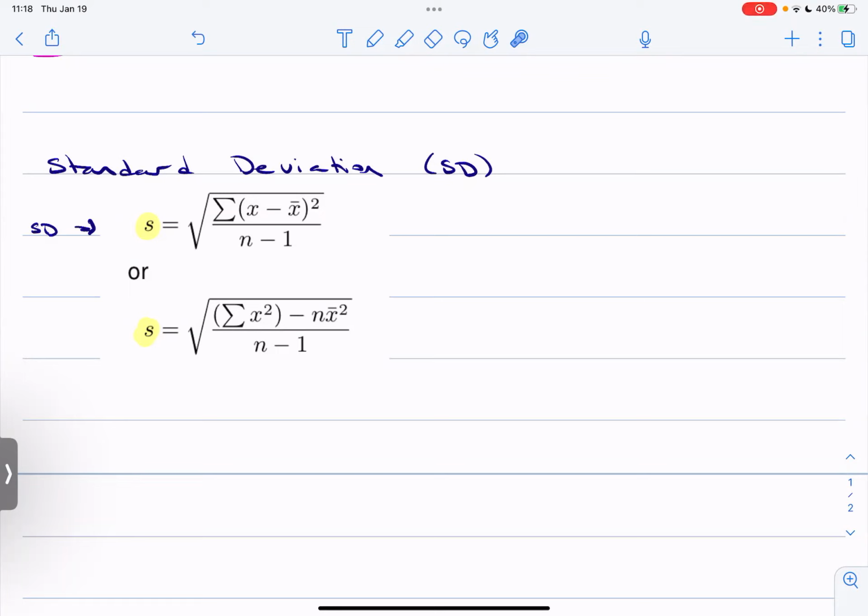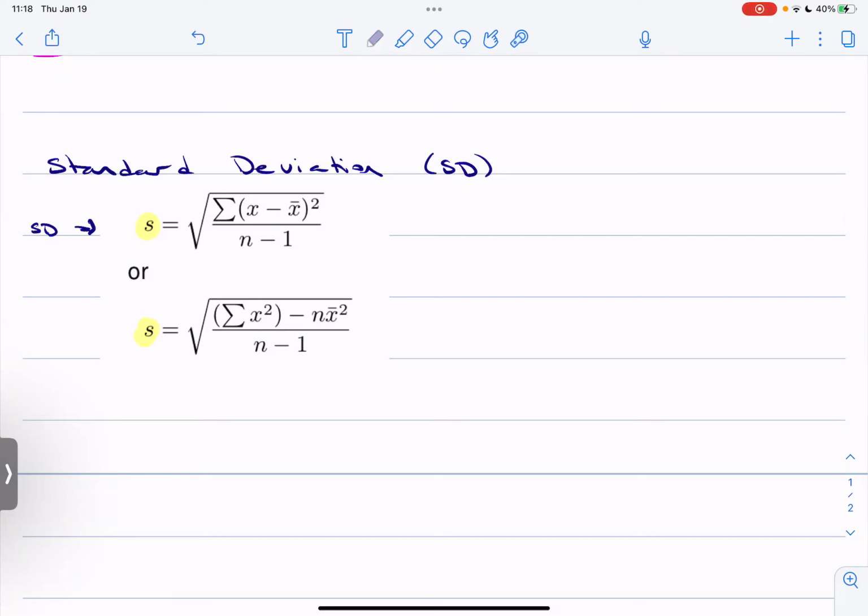All you would need to do is make a new column with each of the x's squared, and then find that sum, and that sum would be put into this placeholder. To me, that doesn't tell me anything about what the standard deviation is doing.